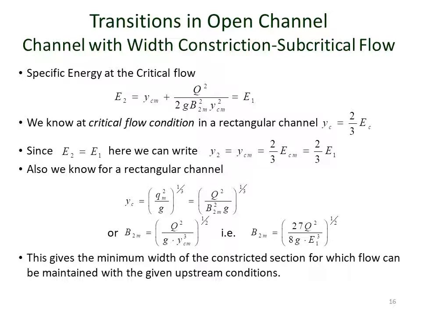So this is essentially the minimum width of the constricted section for which flow can be maintained with the given upstream conditions.